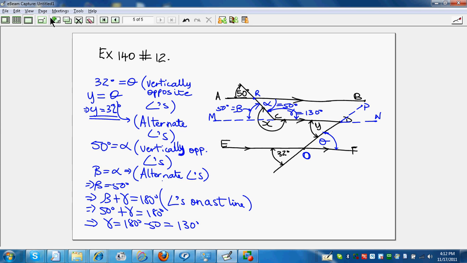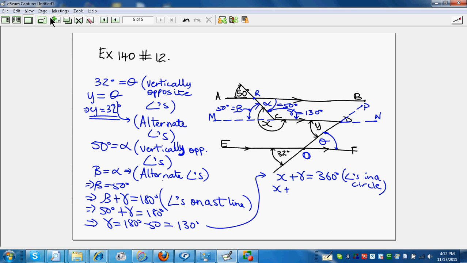So if we know gamma is 130 degrees, which is here, then all we have to do now is subtract 130 from 360 and we'll get angle x. Or we could write it like this. We could say that x plus gamma, angle x plus angle gamma, is equal to 360 degrees because they are angles in a circle or angles at a point. Okay, and we know this sums to 360. We just got gamma equal to 130.